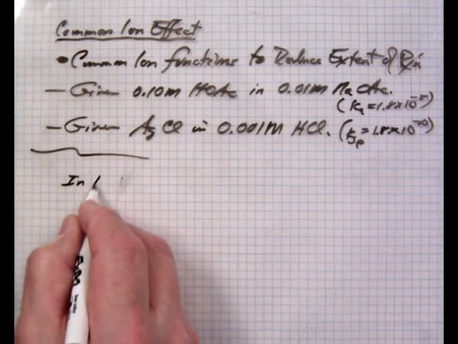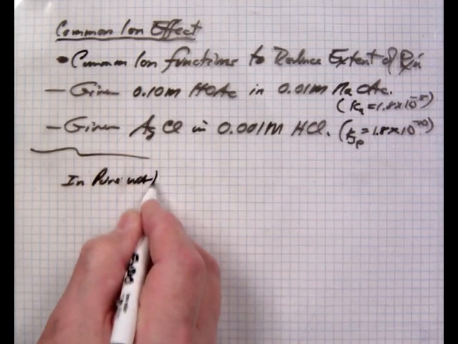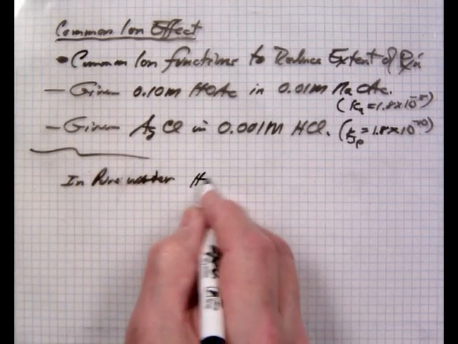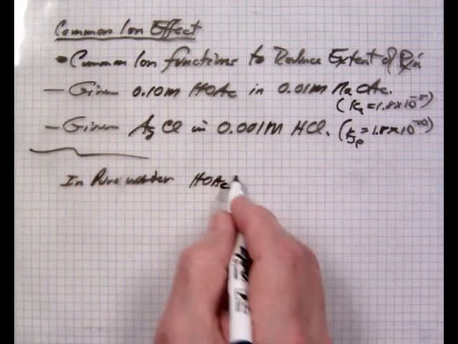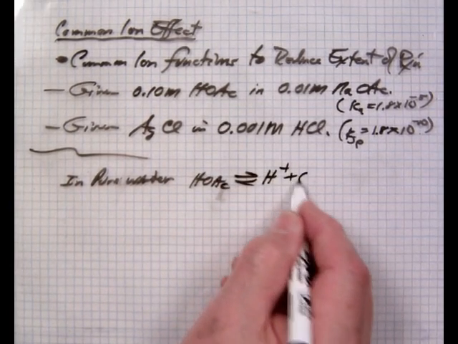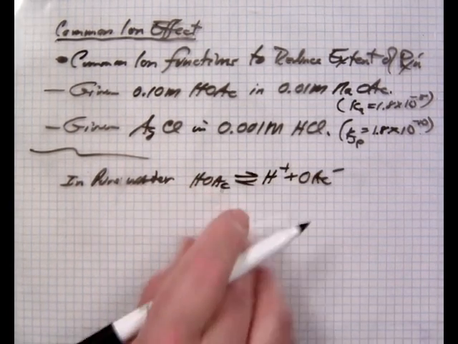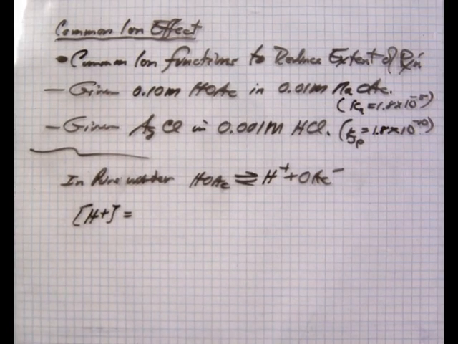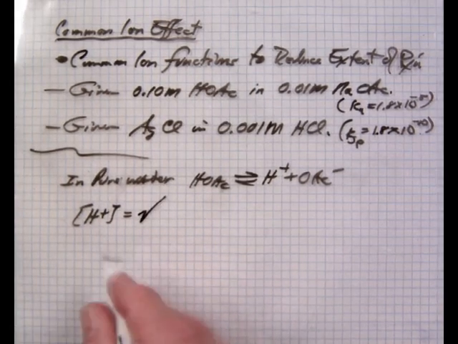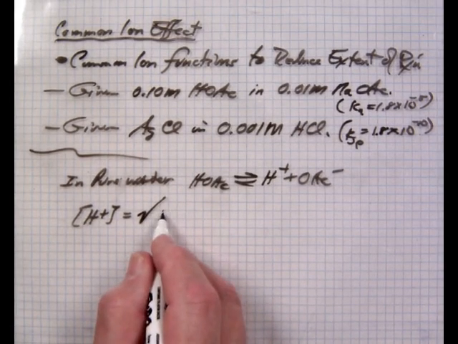In pure water, HOAc, minus like that, and you can use the square root formula to get your hydrogen ion concentration.